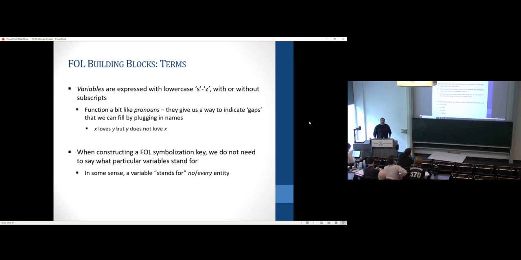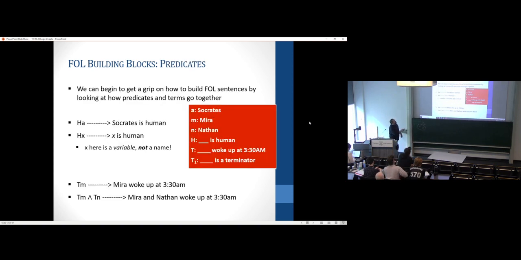Good. Okay. So, again, we can start to get a grip on sentence construction by thinking about some really basic examples. So here's a sample proto FOL symbolization key. We've got some names and we've got some predicates, right? And we can start to stick them together. So using this, I can stick H a and get a way to symbolize Socrates is human. I can get H x, and this tells me x is human, but note x isn't a name here, it's a variable.